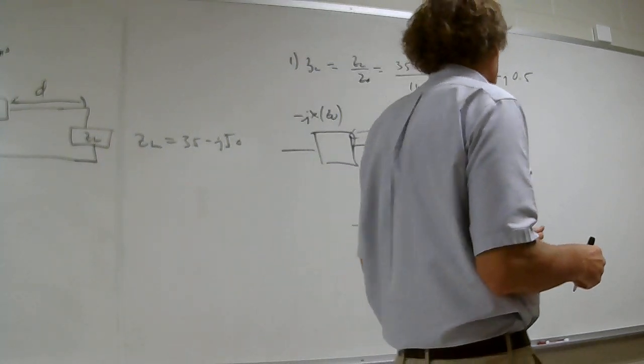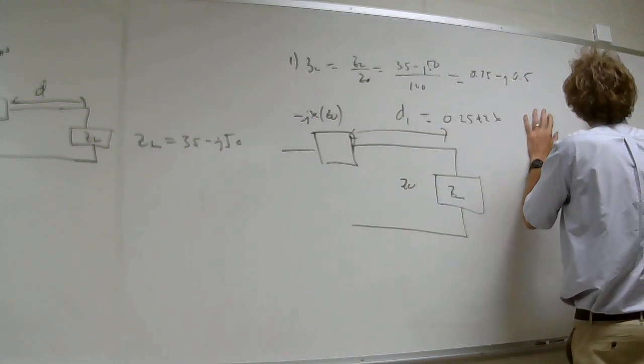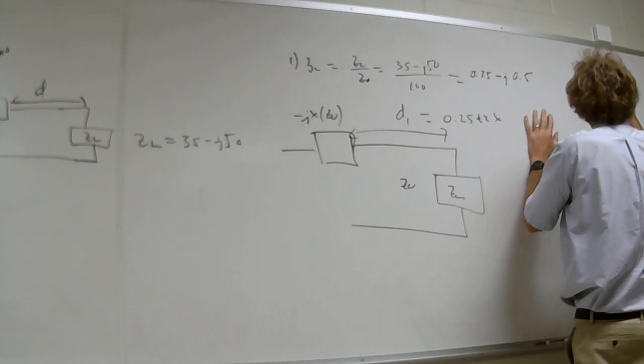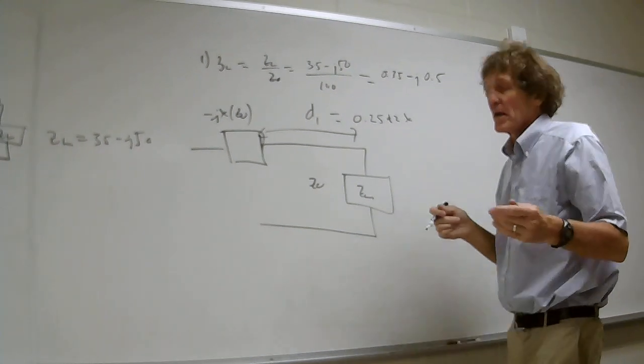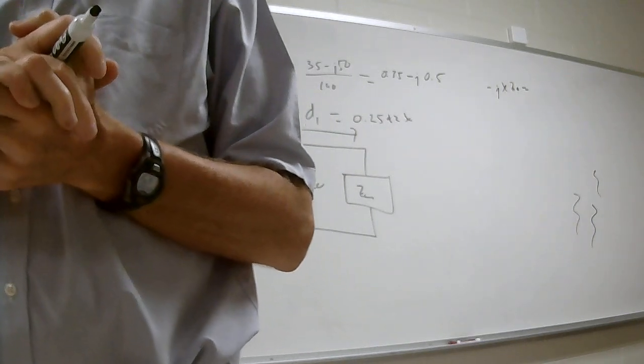All right, so what's that value going to be? Well, I have minus jx Z naught. What element has a minus j impedance? A capacitor, doesn't it? Yeah.